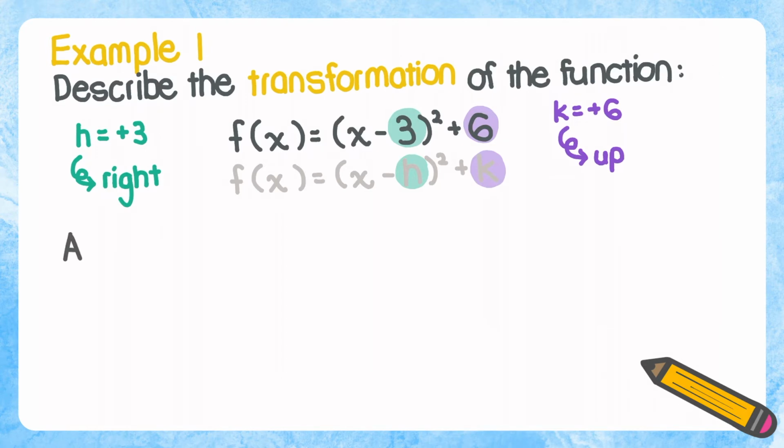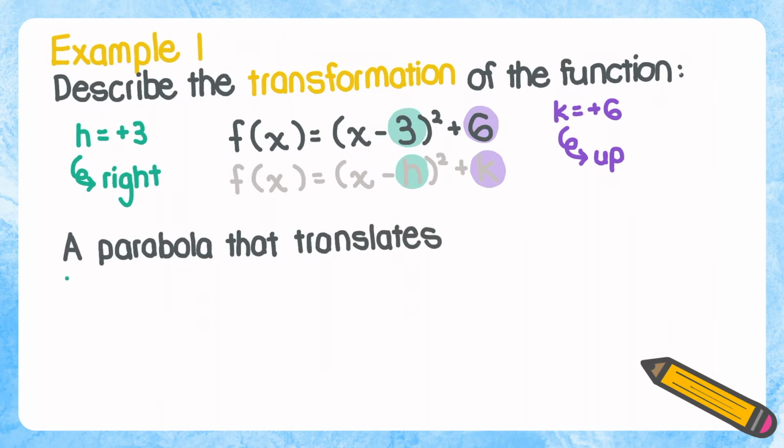So let's provide our description. We have a parabola that translates now into two directions. Because h is positive 3, we would move 3 units to the right.